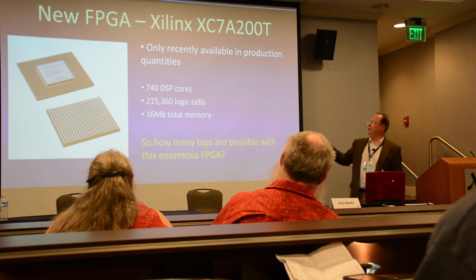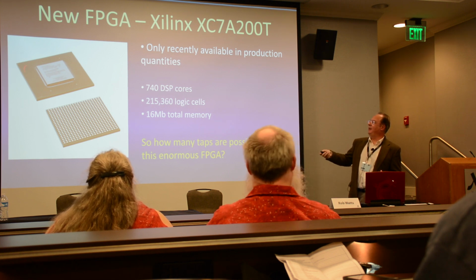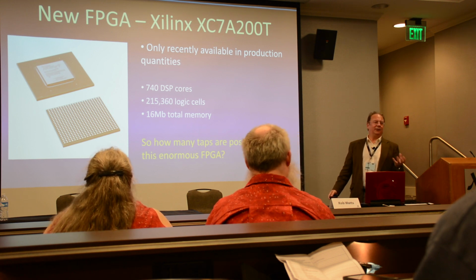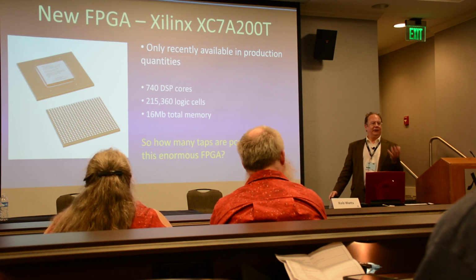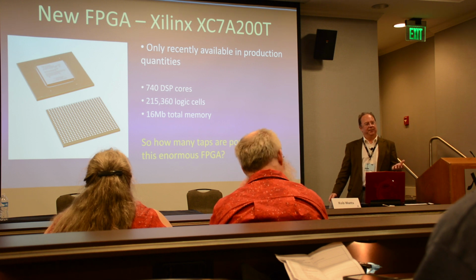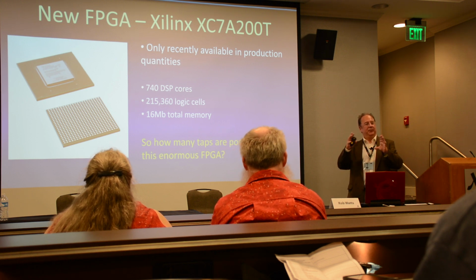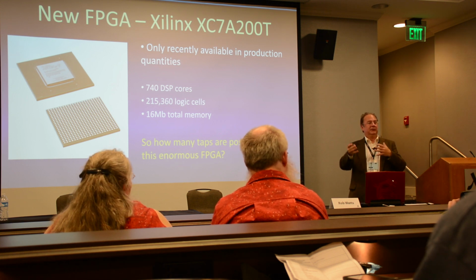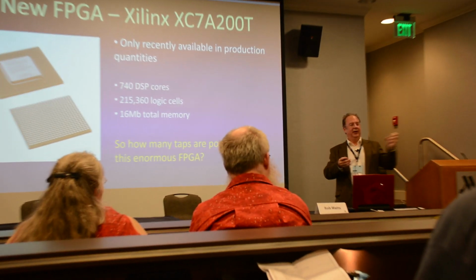But when you imagine you've got 740 DSP cores, and each DSP core can do 1 FIR tap per clock cycle. If you use a microprocessor, you need to pull out from memory the coefficient, pull out from memory the data, put it into a multiplier, store the result, put it into an accumulator.